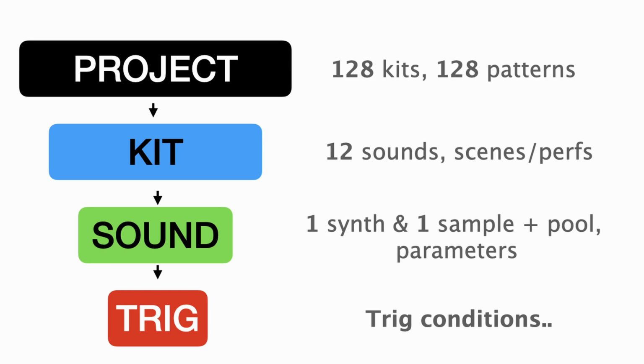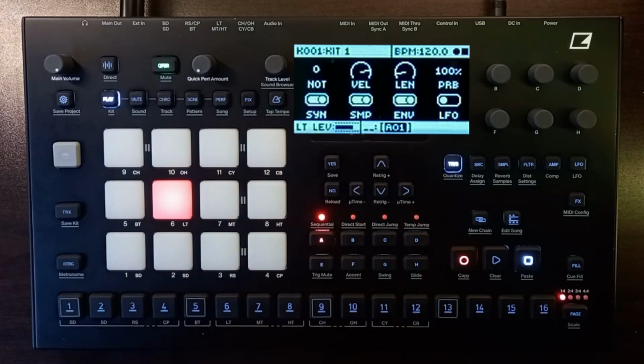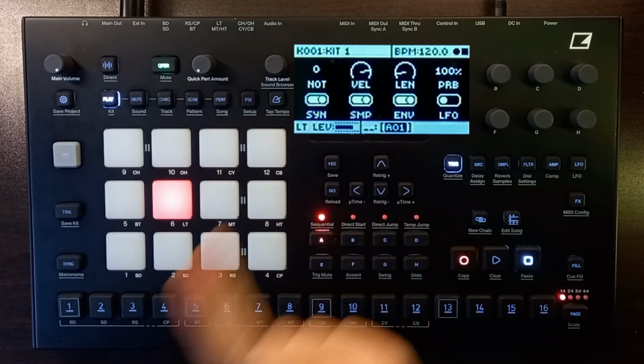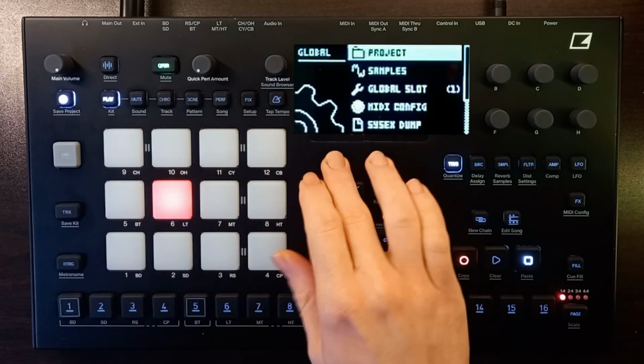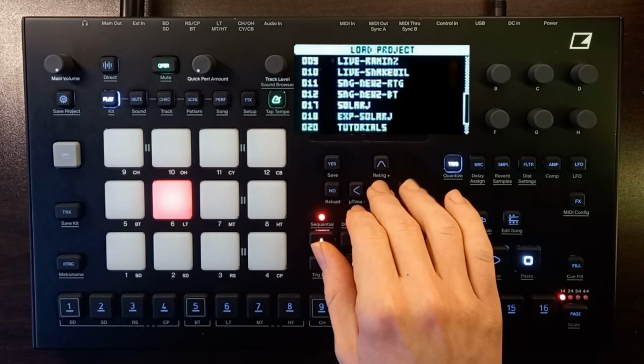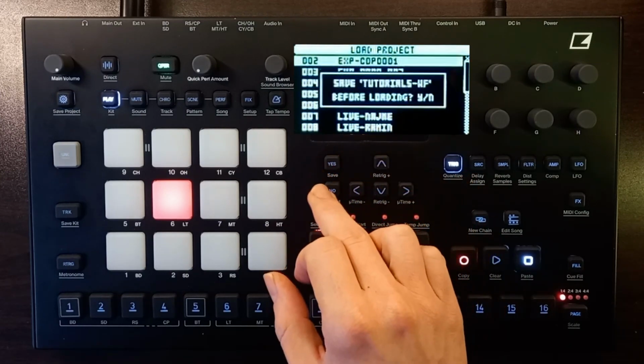So given this structure, I want to show you first how I approach the project entity. I think of a project as one of three options. One is complete experimentation, the second is song producing, and the third one is live set. For complete experimentation, I save the projects with an EXP at the beginning, like this one.